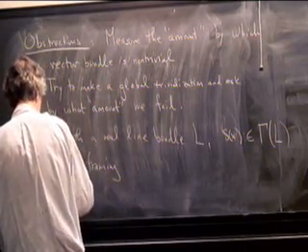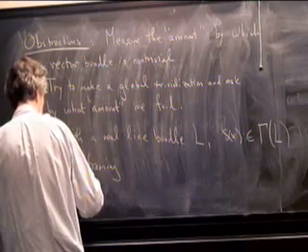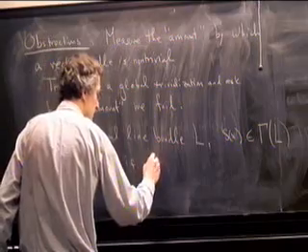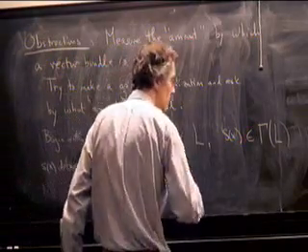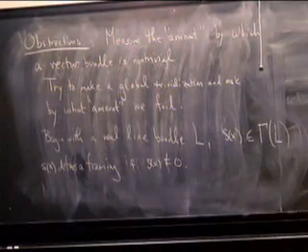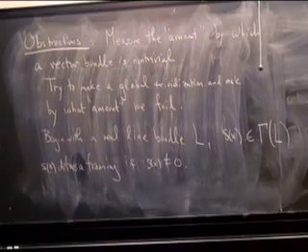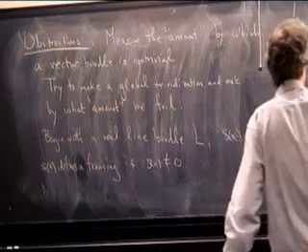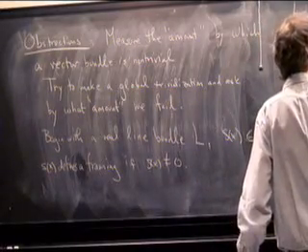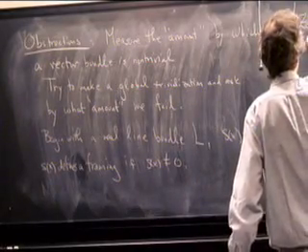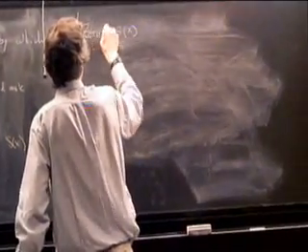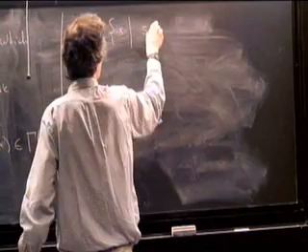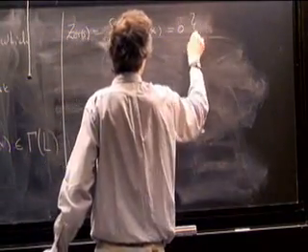So s of x defines a framing if s of x is not 0. However, what we're looking at is what's the zero set of s? Zero of s equals the set of x such that s of x equals 0.